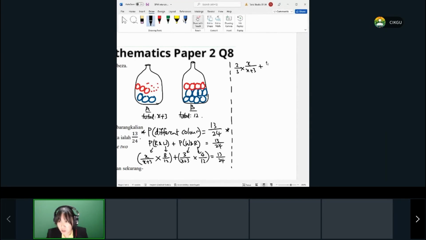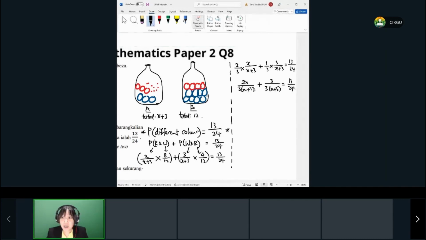So 1/3 multiplied by 3 over x plus 3 equals 13/24. I hope you remember, multiplication of fractions means top times top, bottom times bottom. So 2x over 3 times x plus 3. I won't expand it first, it's just going to be easier this way. For this one, you multiply 1 times 3, and the bottom is 3 times x plus 3 also.